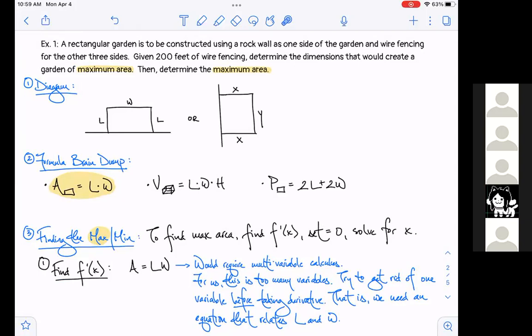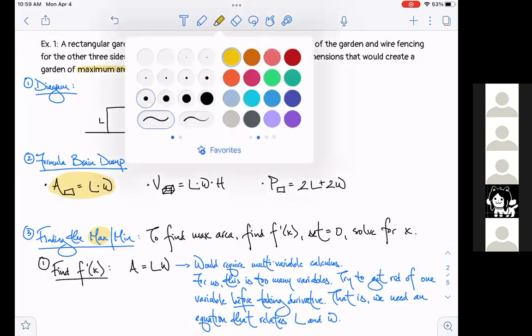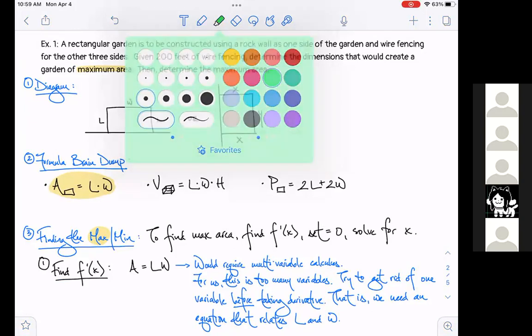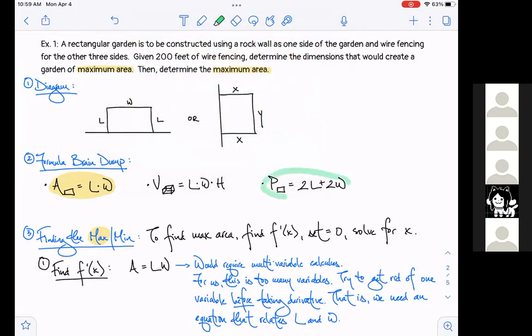Perimeter. Yeah, perimeter. Great. All right. So it turns out that sometimes when we're using our brain dump, and not sometimes, oftentimes, we're going to come up with the other equation that we're going to need to make our lives a little bit easier.